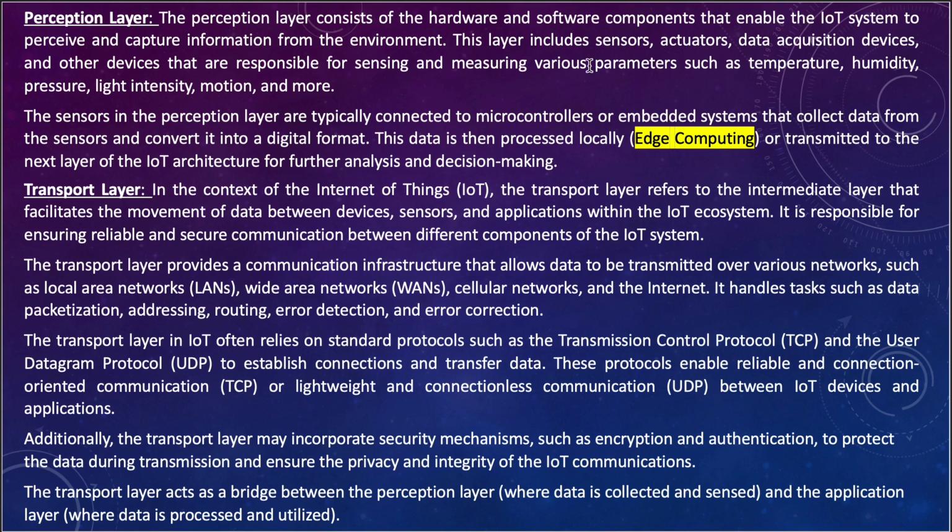This layer includes sensors, actuators, data acquisition devices, and other devices that are responsible for sensing and measuring various parameters such as temperature, humidity, pressure, light intensity, motion, and more.